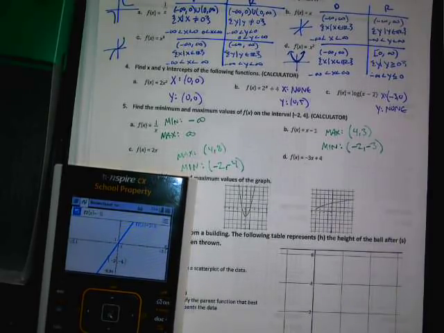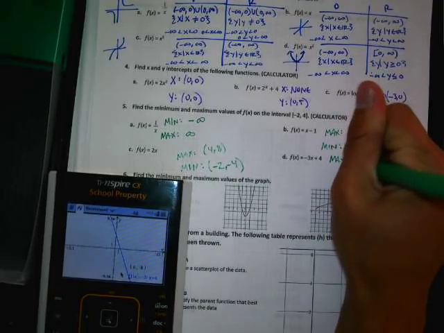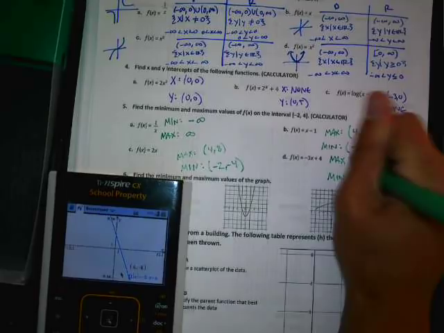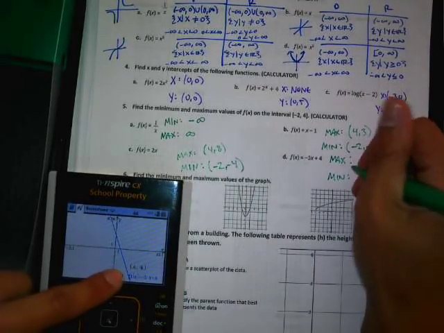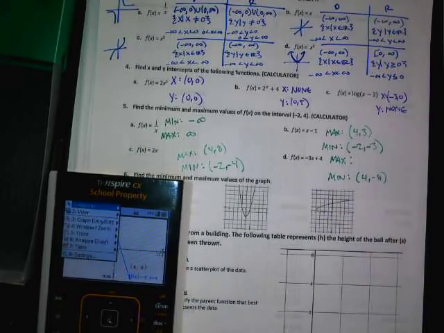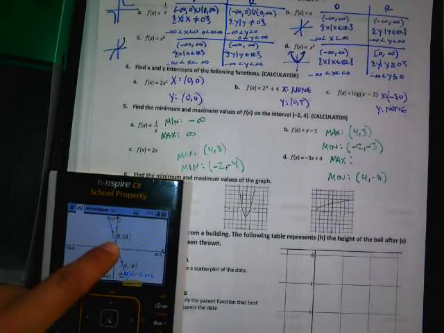Re-put in this one, -3x plus 4. Okay, on this one, I got my lowest value down here, so my min is at 4, -8, but my max isn't showing up, so I'm going to do it again. Maximum, -2, enter, 4, enter. And there it is now at -2, 10.